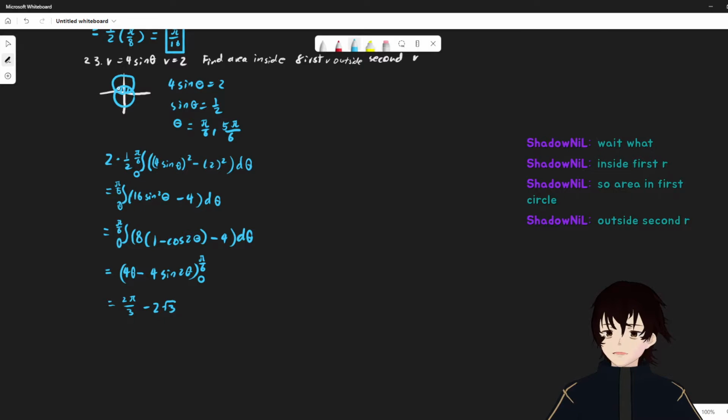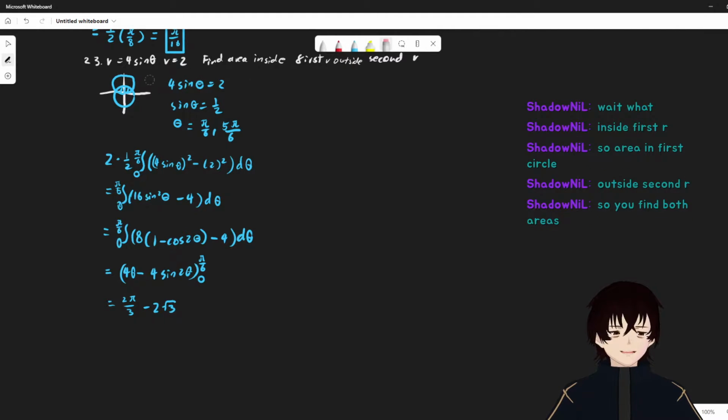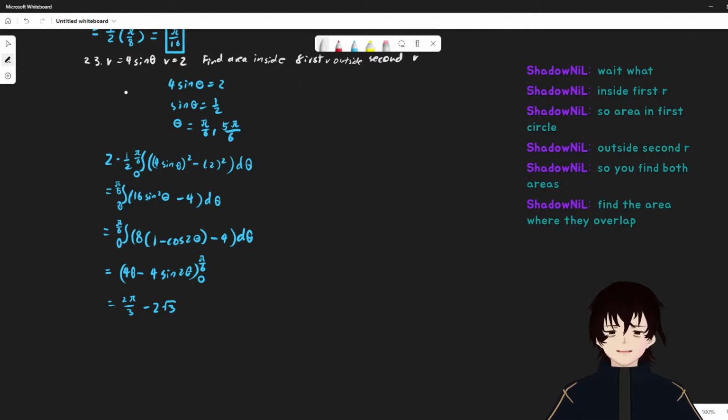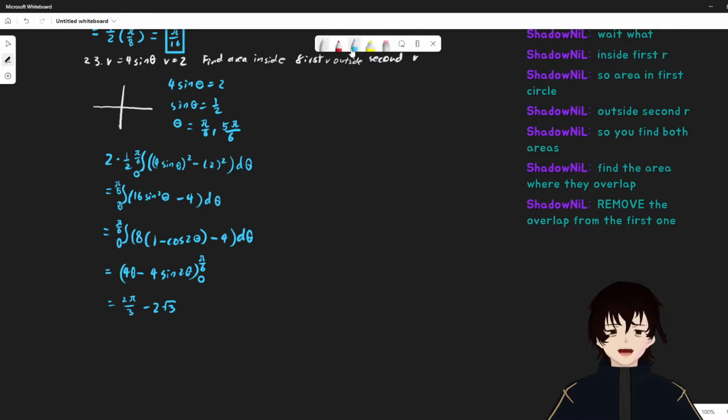Wait. My graph was wrong. I found what's inside both circles. Thank you. You just made me realize the mistake. We don't want that area. We want this area.